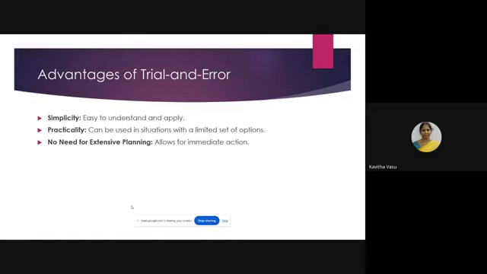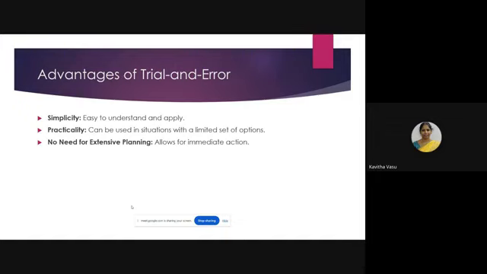The next topic is advantages of trial and error. It highlights the benefits of using trial and error: simplicity, practicality, and no need for extensive planning. Just take what we have in our hand and apply that strategy. Simplicity means it's a straightforward approach that's easy to understand and apply.